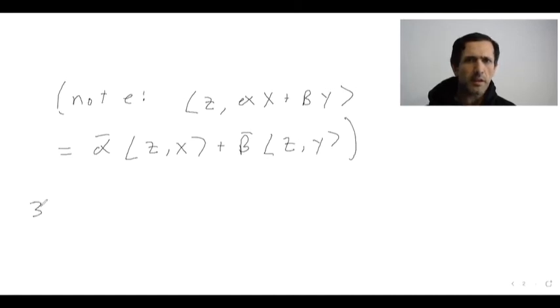Okay, and last but not least, we want this, of course, to define an inner product in the obvious way, so we have to assume that (x, x) is bigger or equal to 0.